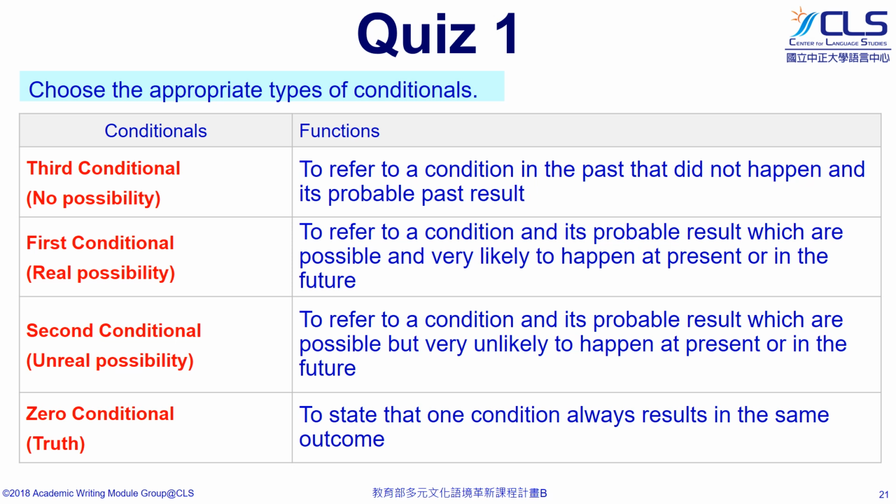The second conditional refers to a condition and its probable result, which are possible but extremely unlikely to happen at present or in the future. And the third conditional refers to a condition in the past that did not happen and its probable past result.